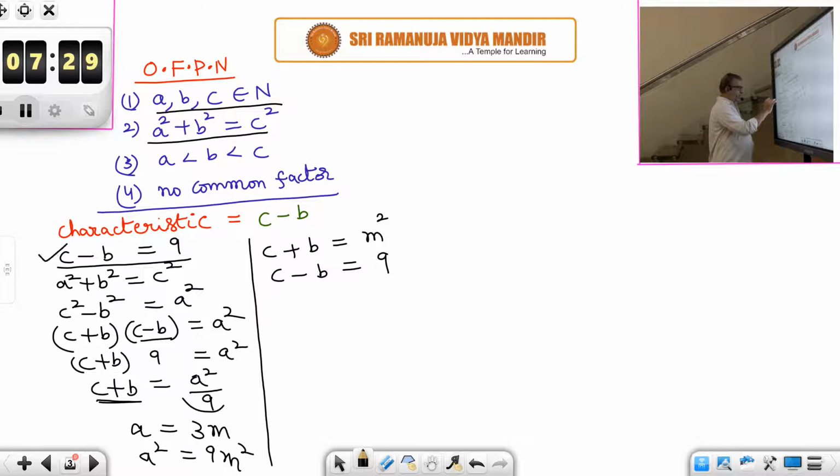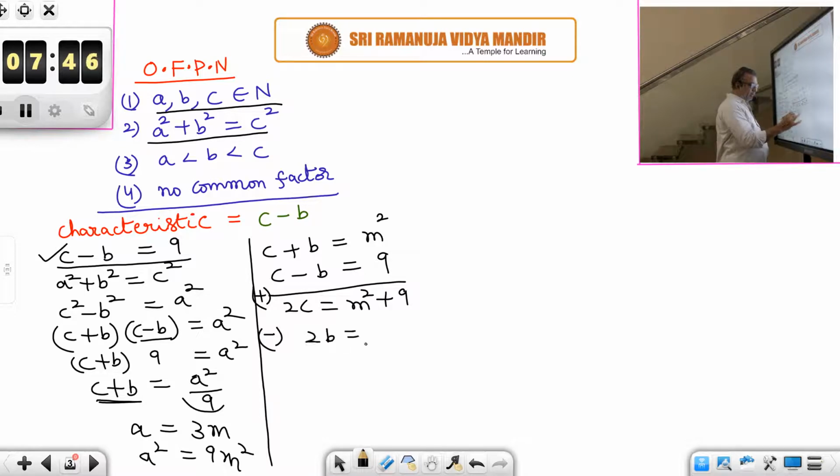That is the characteristic we have seen. So these are two equations, we can solve them and find the values of C and B. Adding them, I will get 2C is equal to m square plus 9. Subtracting, I will get 2B is equal to m square minus 9.